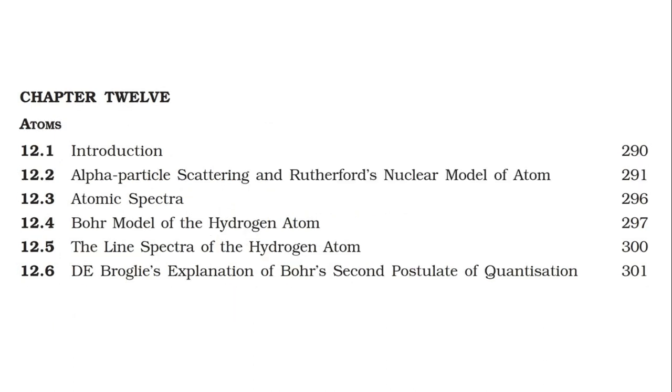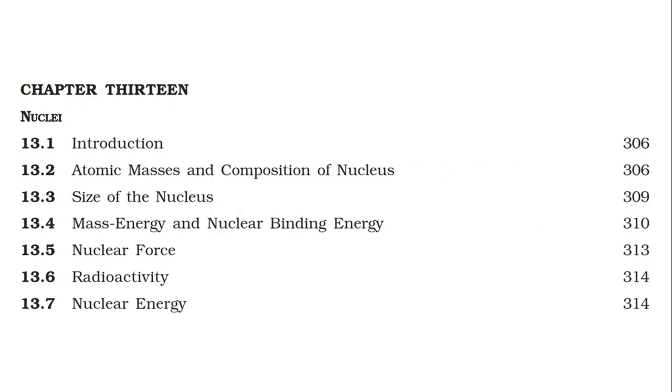Next, chapter 12, atoms. Introduction, alpha particle scattering and Rutherford nuclear model of atom, atomic spectra, Bohr model of the hydrogen atom, the line spectra of the hydrogen atom, de Broglie's explanation of Bohr's second postulate of quantisation. Next, chapter 13, nuclei.